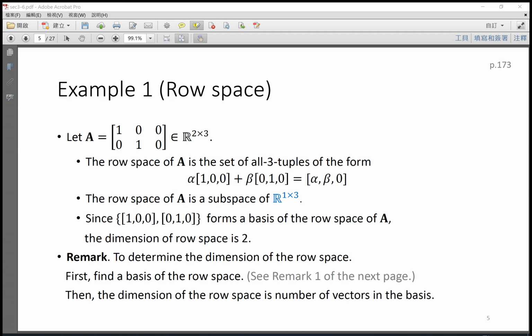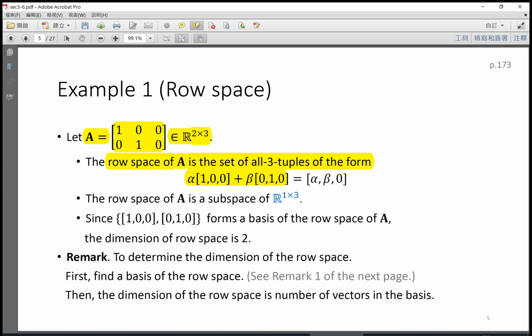I will use example 1 to illustrate the row space. Let A be a matrix in R^(2 times 3). The row space of A is the set of all three-tuples of the form alpha times the first row plus beta times the second row. And this is the linear combination of row vectors of A for some alpha, beta.